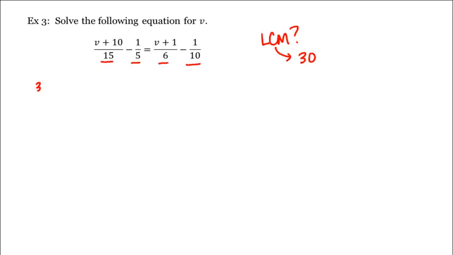So we have 30 times the entire left side is equal to 30 times the entire right side.